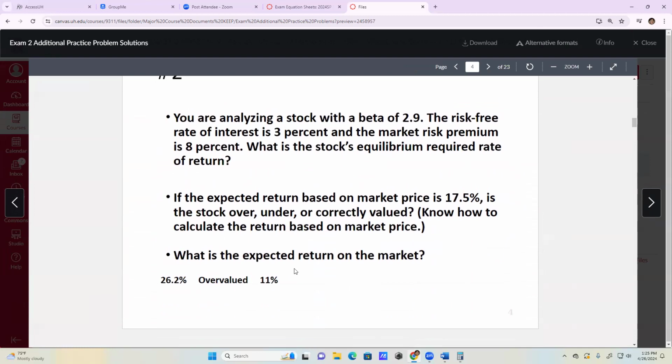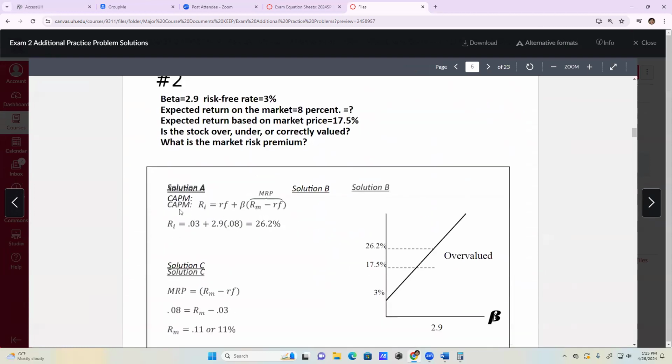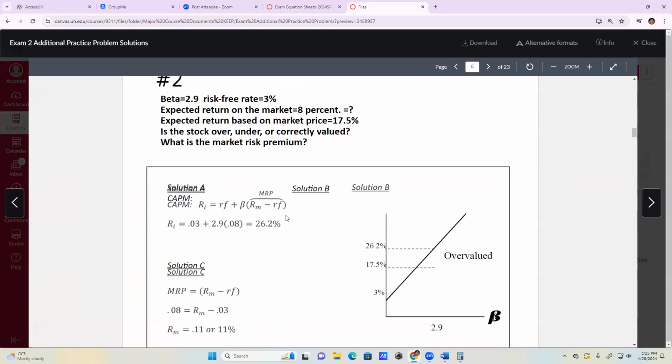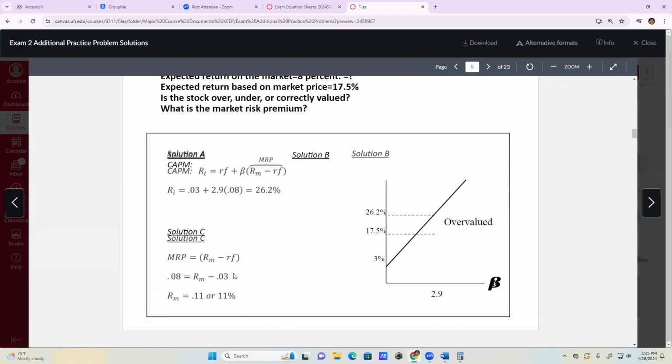Okay, now something to talk about: the CAPM. The equation for CAPM will be provided on the test. However, something to notice is that this is called the market risk premium. You have to know when it is overvalued and undervalued.